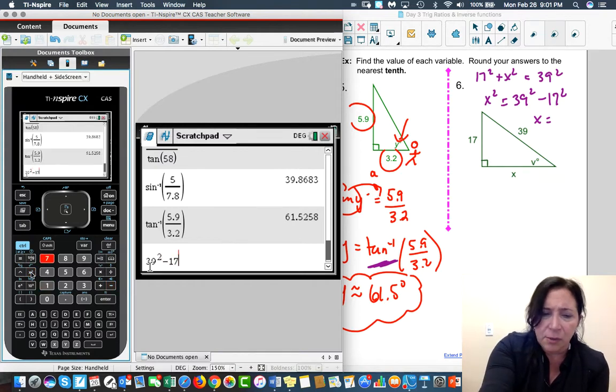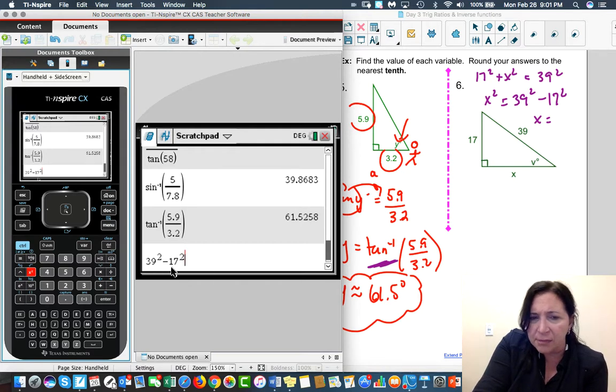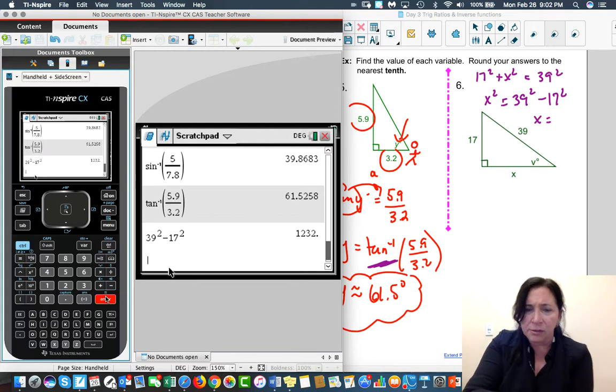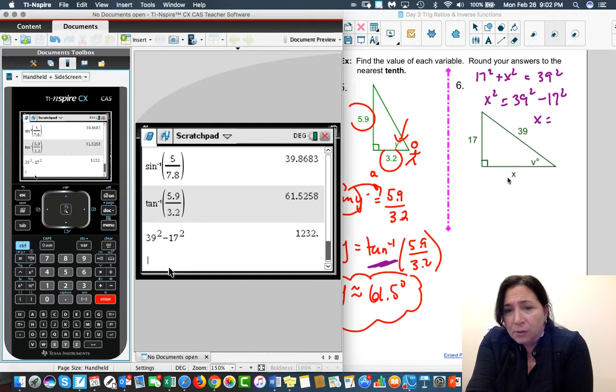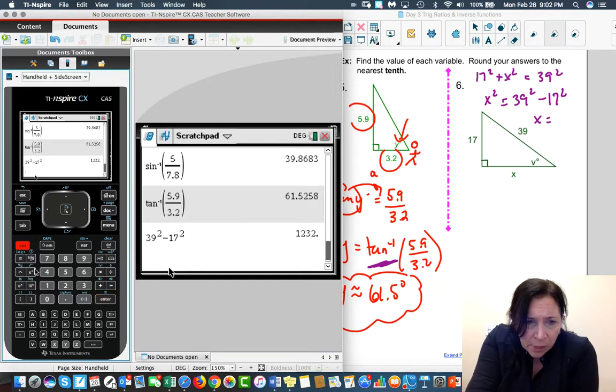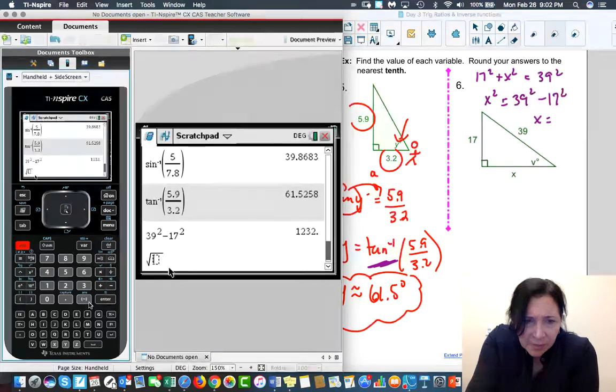17 squared here. If I'm not using any decimals, remember, I need to go control approximate, and I get 1232. Now, that's not the answer because it not only does not sound reasonable, but I need to square root that. So we're going to go square root of that answer, and I'm going to enter.